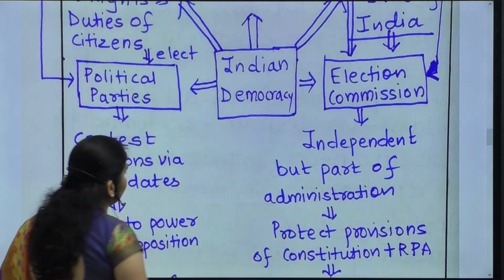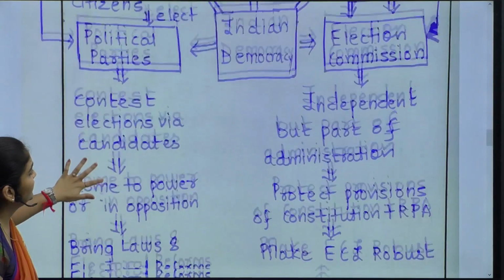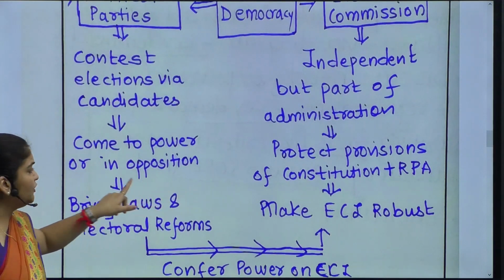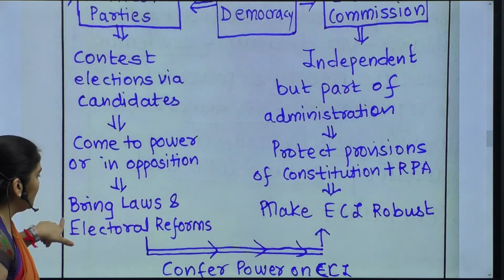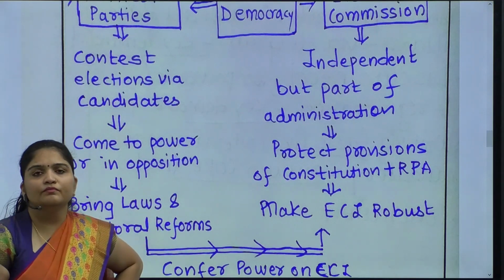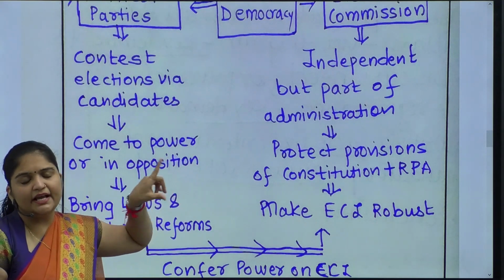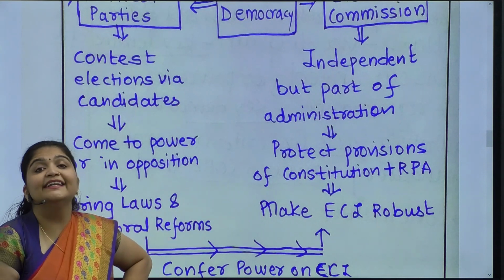So political parties, they contest elections via candidates, okay. They come to power or in opposition and they bring laws and electoral reforms. तो ये सारा जिम्मा किसके हाथ में है? पॉलिटिकल पार्टीज. जब तक ये खुद नहीं करेगी, क्या ECI डी रजिस्ट्रेशन कर पाएगा? नहीं.